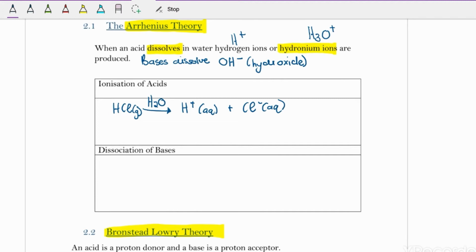Essentially these hydrogen ions are now going to, in solution, react with your water to produce hydronium ions. So that's the definition in terms of acid. It's all about the giving away or the producing of hydrogen ions.